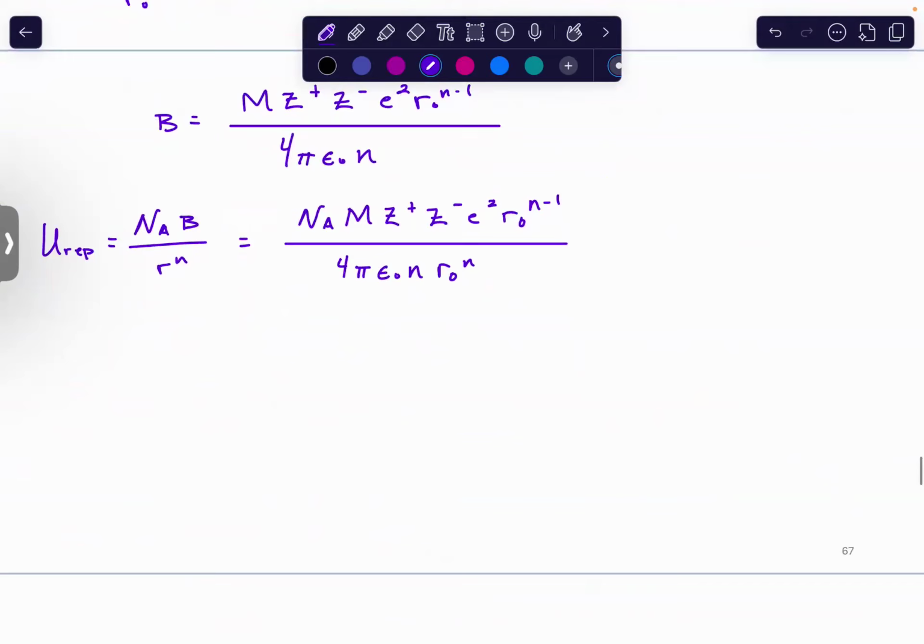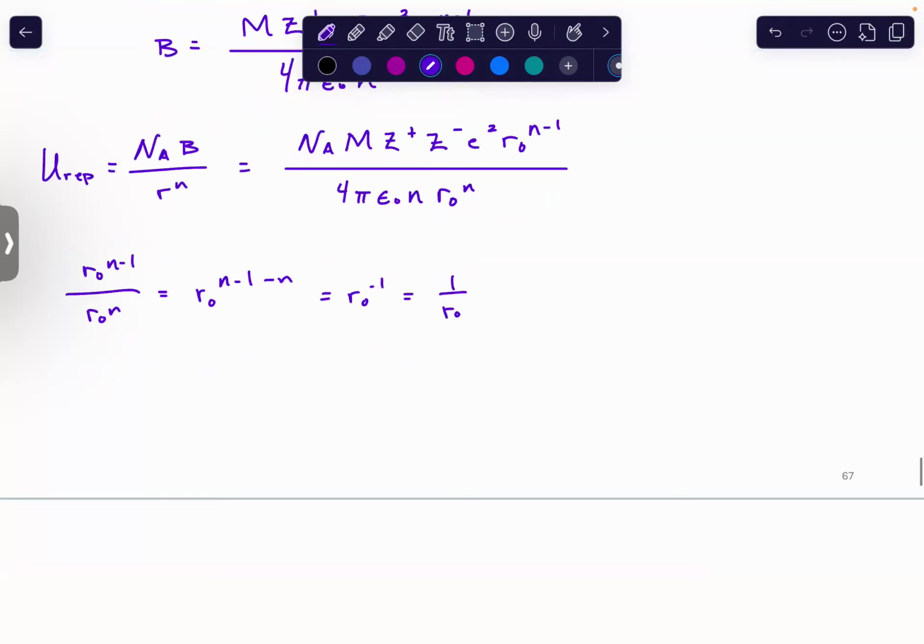Now look, we have another reduction to do. So R0 to the n minus 1 over R0 to the n. Again, we subtract the exponents: n minus 1 minus n equals R0 to the minus 1, or 1 over R0.